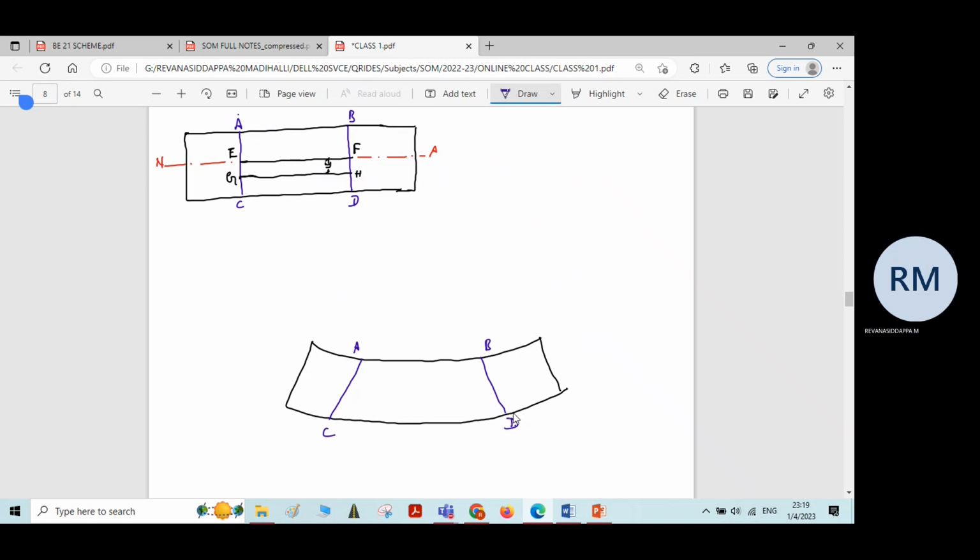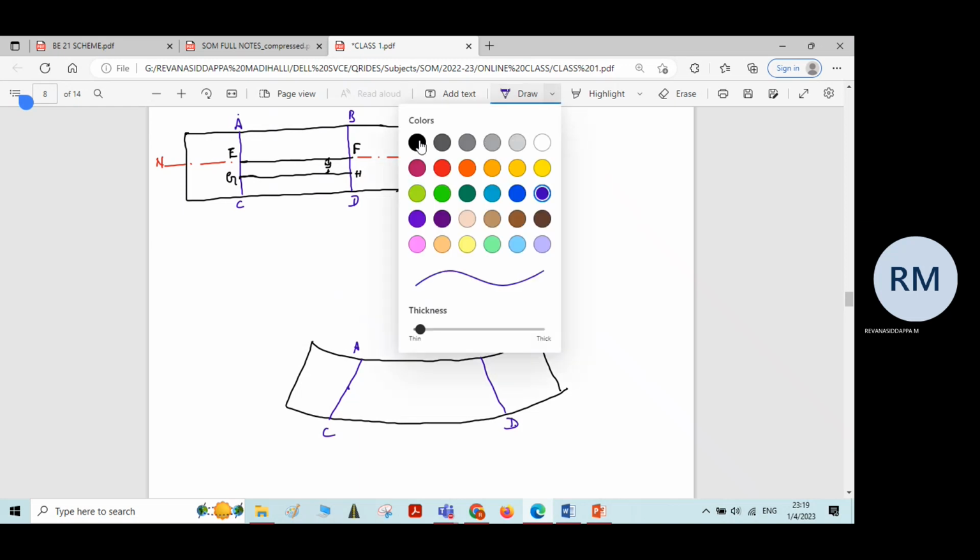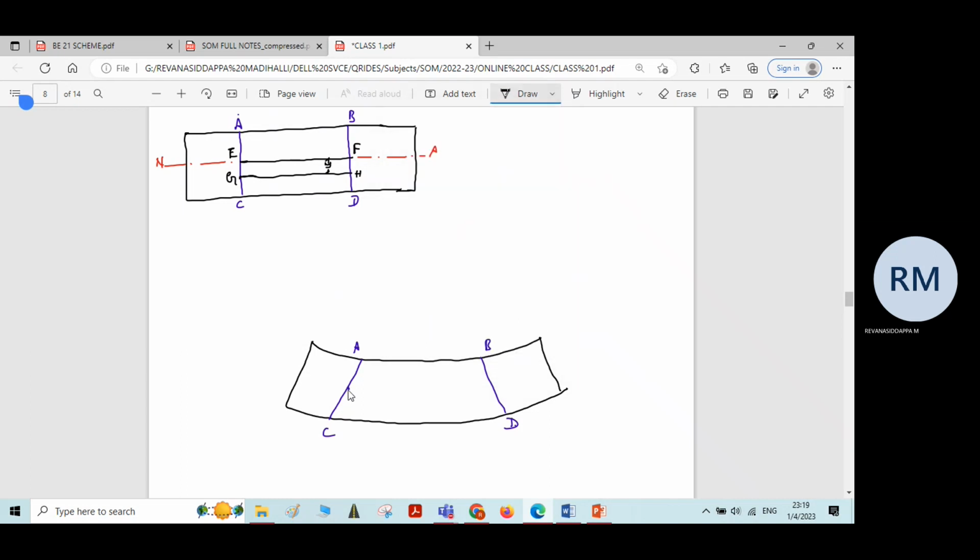Now the neutral axis will be EF, and GH.